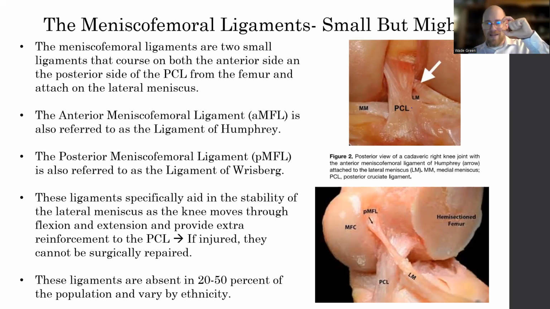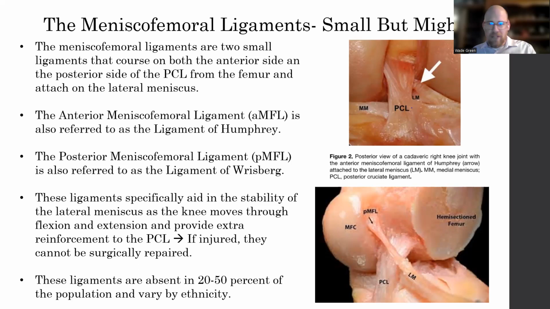And then when the knee is extended, the anterior meniscofemoral ligament, or the ligament of Humphrey, puts a little stress also on the anterior horn of the meniscus to open the circle up a little bit. So it slightly changes the shape of the lateral meniscus and also stabilizes the lateral meniscus on the tibia.